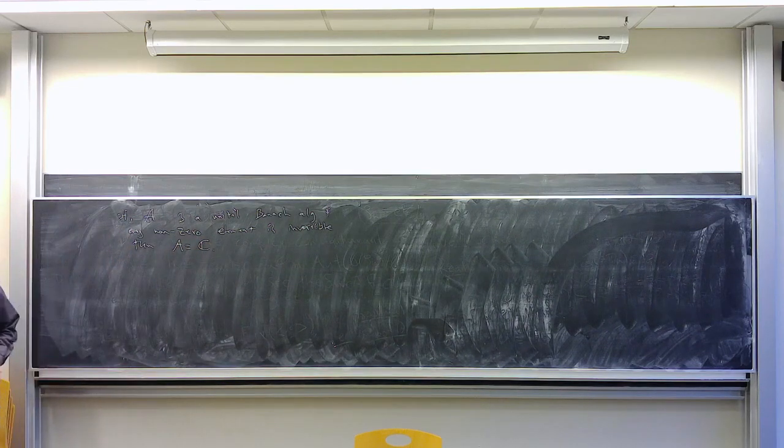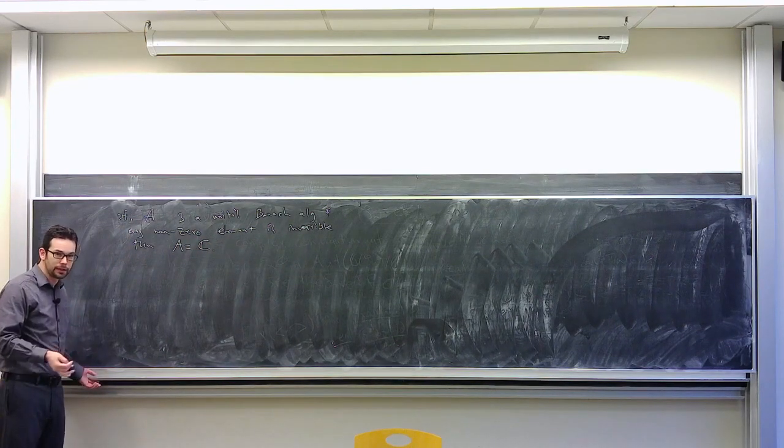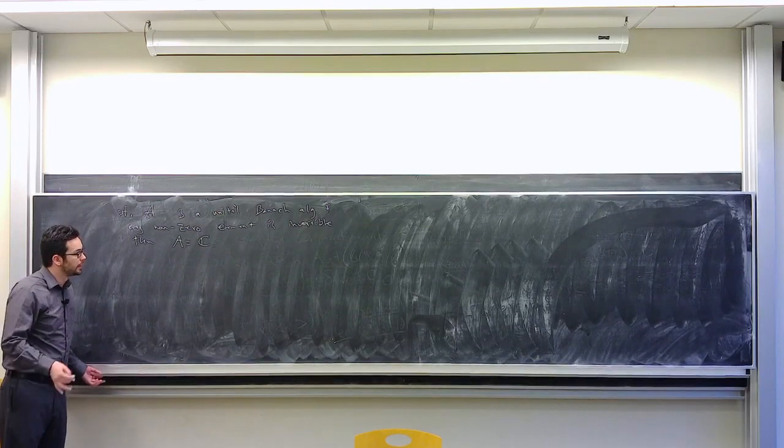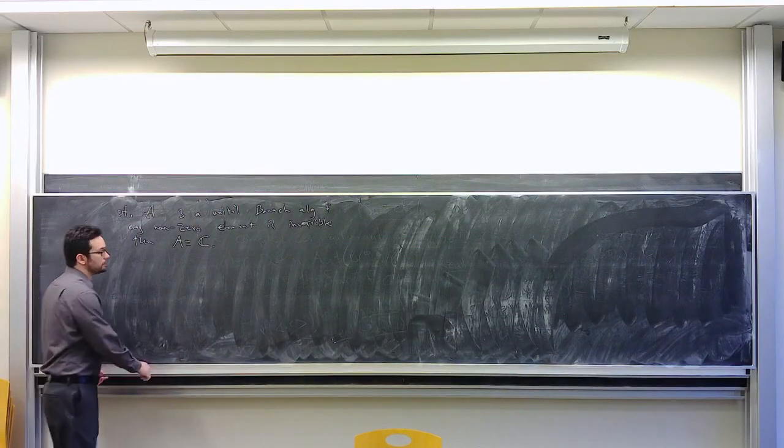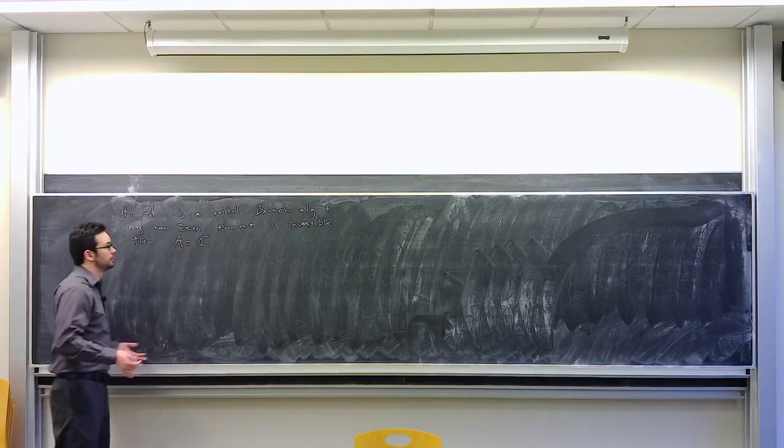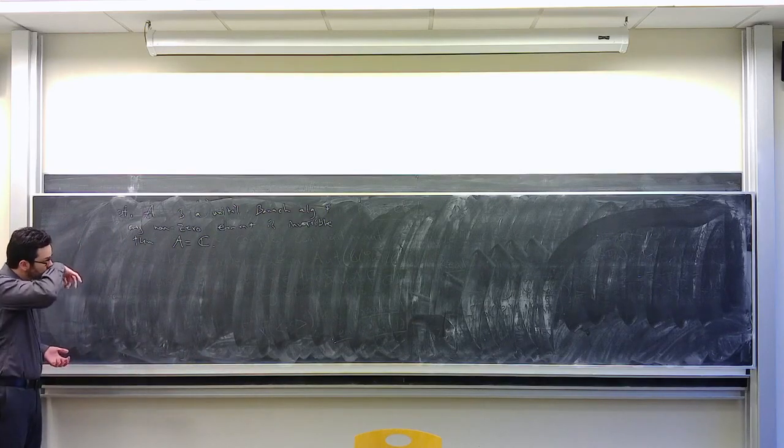And we saw that this was an easy consequence of the fact that any element has a non-empty spectrum, which itself was a consequence of Liouville's theorem from complex analysis.